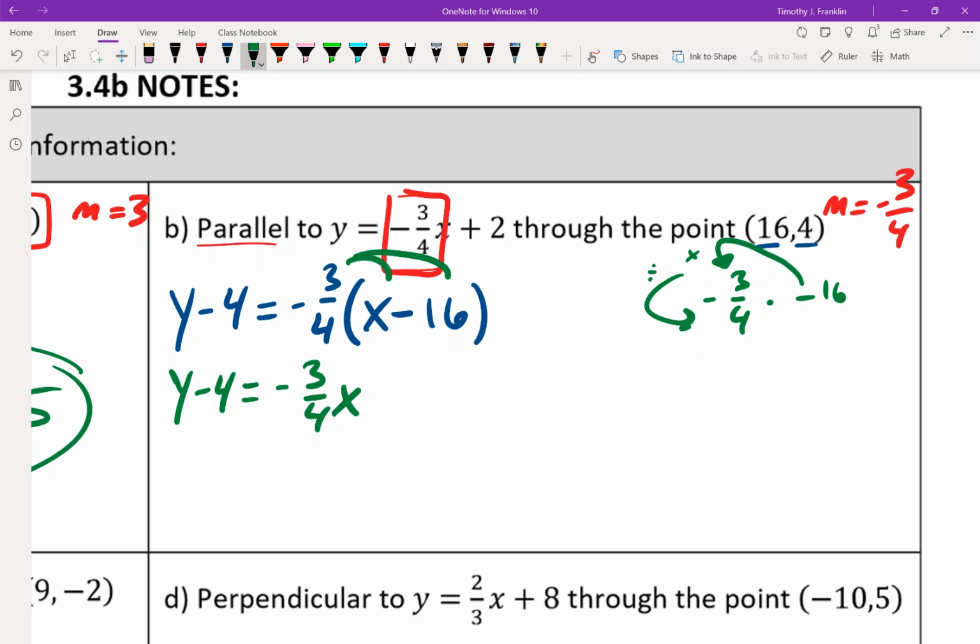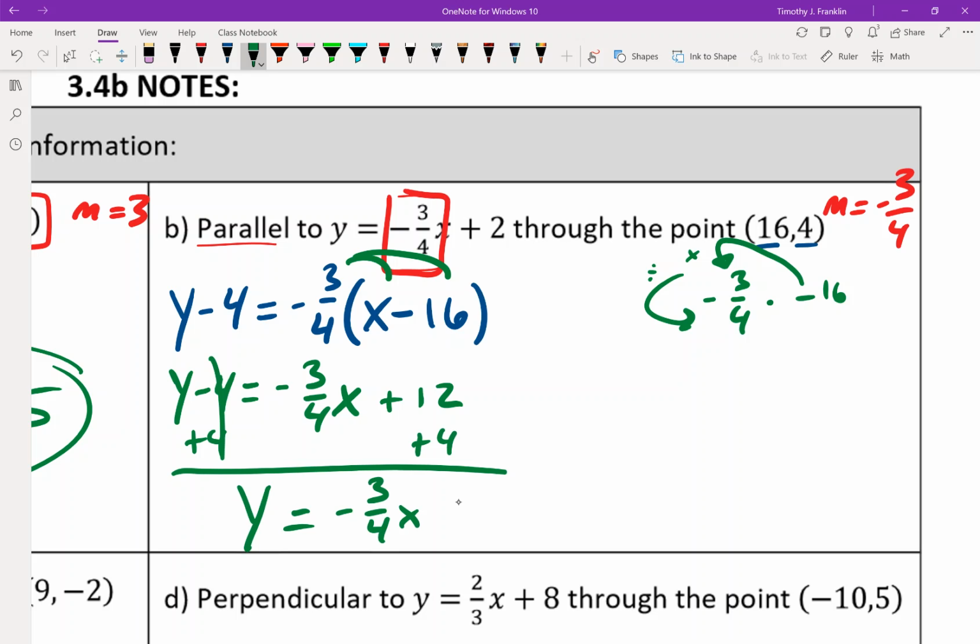So negative 16 times negative 3 and then divided by 4 will give us positive 12. And then we'll add 4 to finish out the problem. So y equals negative 3/4 x plus 16. And there is the equation of the line parallel to negative 3/4 x plus 2 through the point 16, 4.